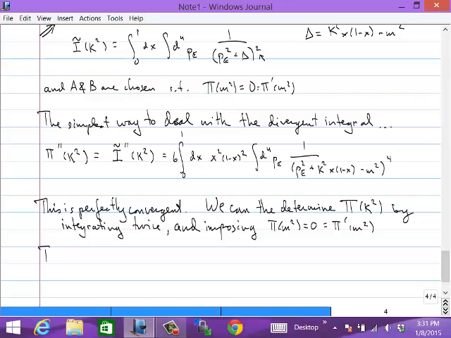And this is probably the most conceptually straightforward way of doing the integral. If you're ever really confused, you could always use this method. But it actually is technically a bit more complicated than necessary.